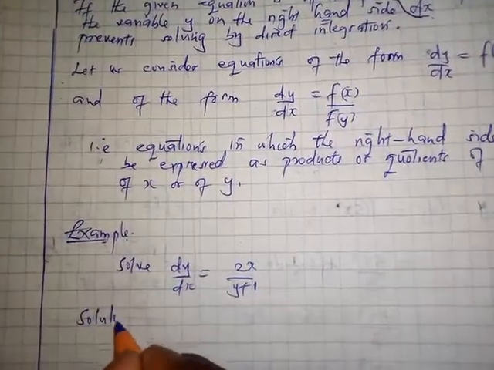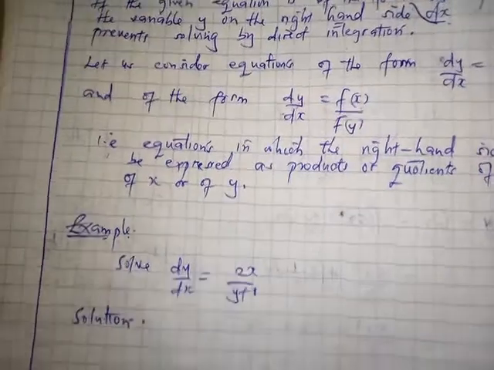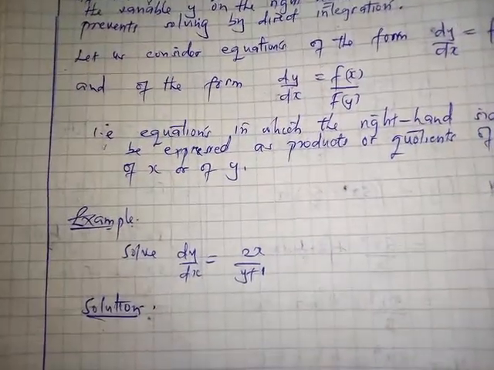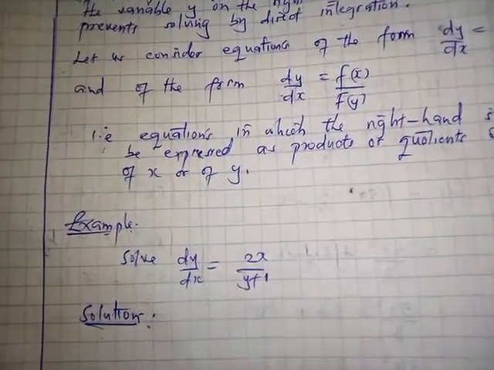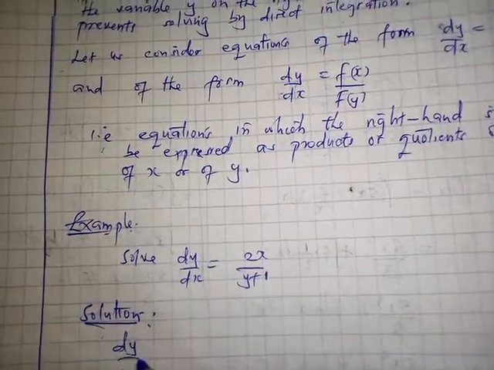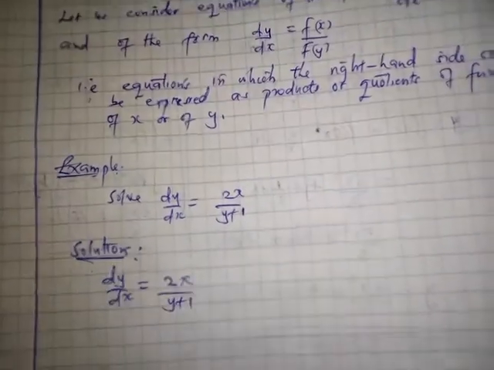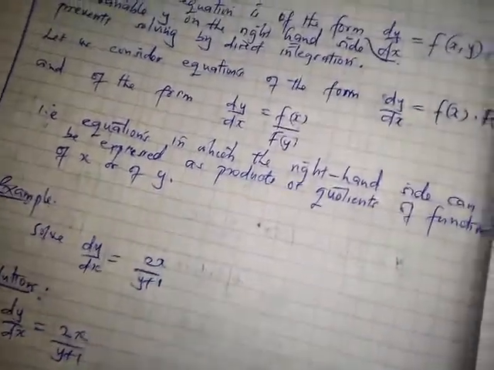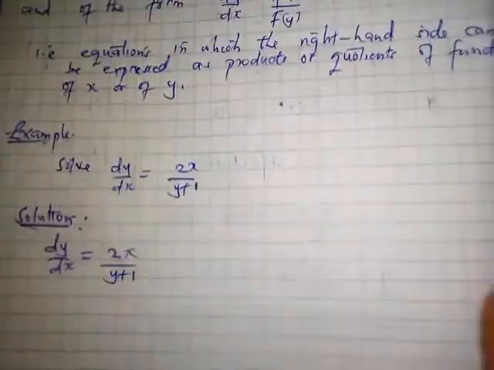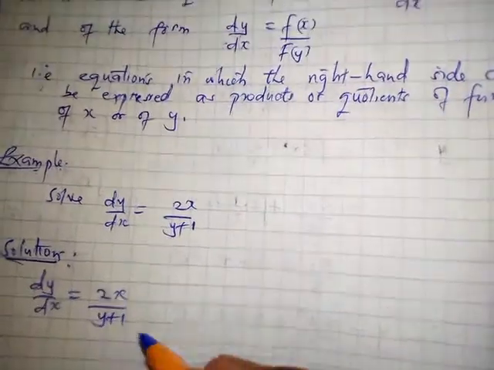Solution: our given differential equation is dy/dx = 2x over (y + 1).